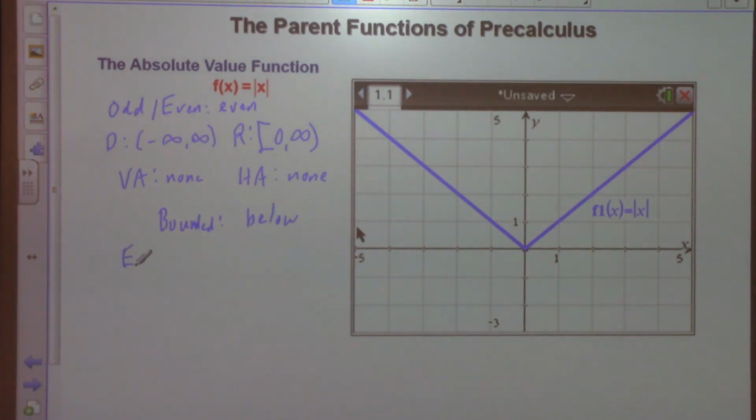End behavior? As x approaches infinity, f of x approaches infinity. And the limit as x approaches negative infinity, f of x also equals infinity, right? So really, that's it. Now, what would you use an absolute value function for?